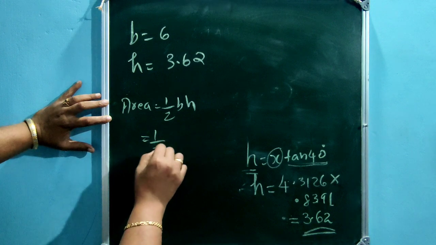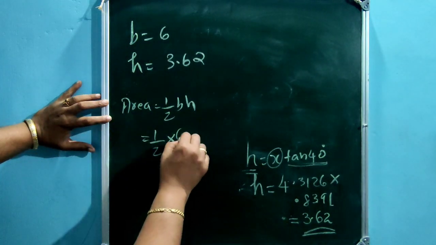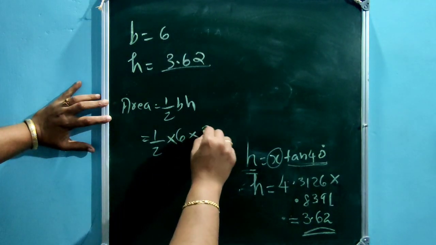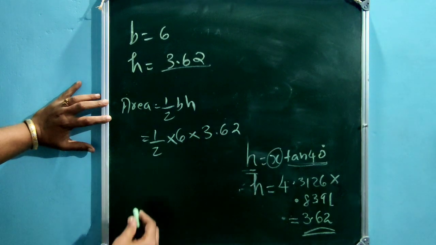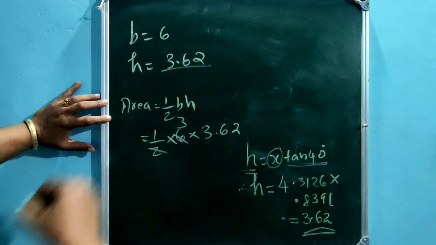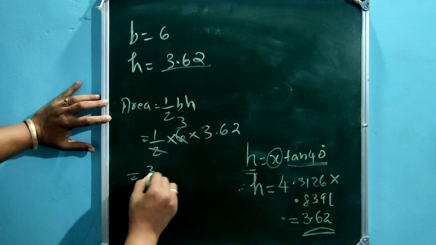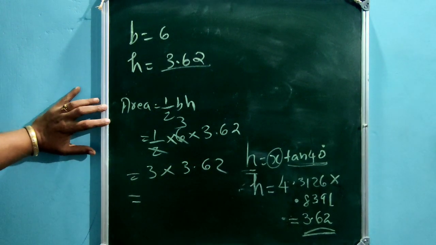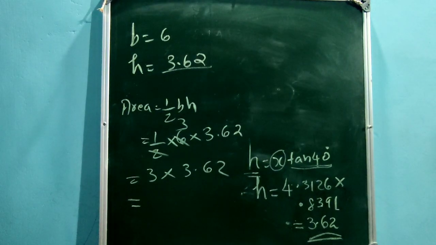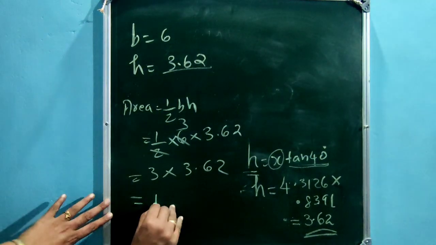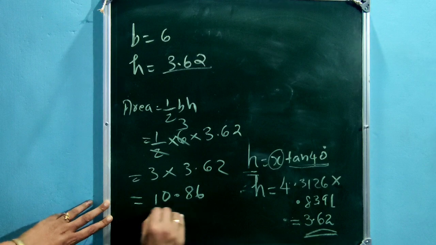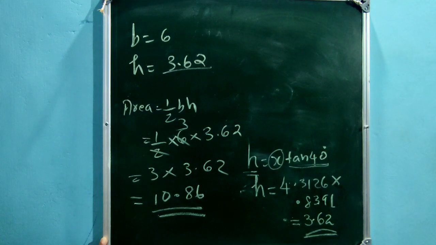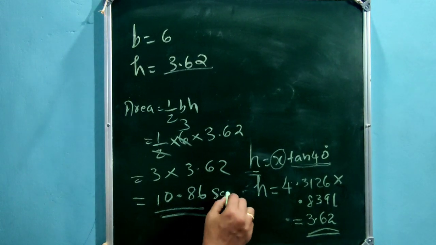That is equal to half into 6 into 3.62. Just cut this by 3. So we have 3 into 3.62. That is the answer. Let us calculate it. That is equal to 10.86, approximately 10.86 square centimeter.